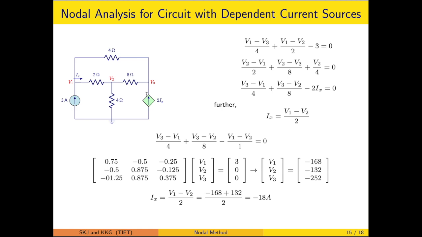Second, we cannot simply write this matrix form by inspection, because we have to manipulate depending on the dependent source, the controlling variable and the controlled variables. So you are encouraged for such questions to write the equations first in a systematic approach, then compile them into the matrix form and go for the solution.